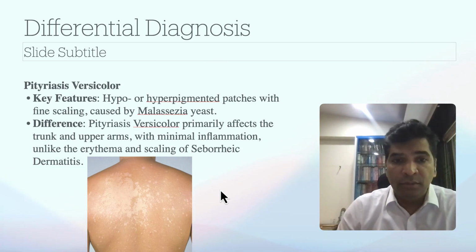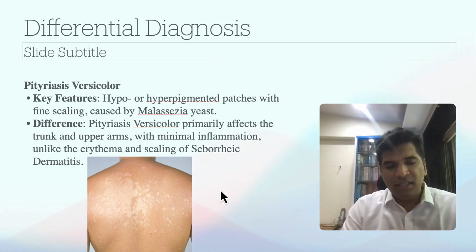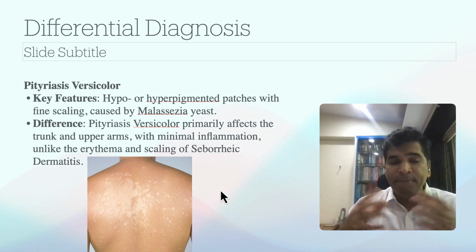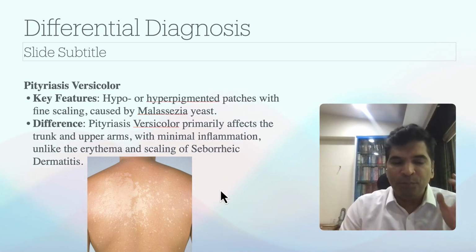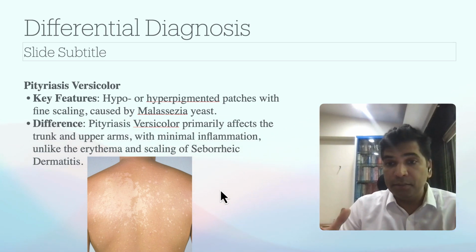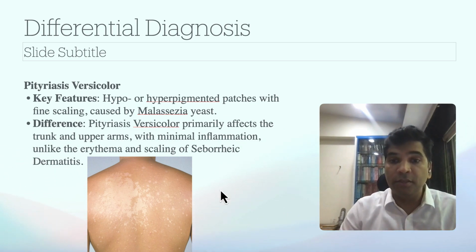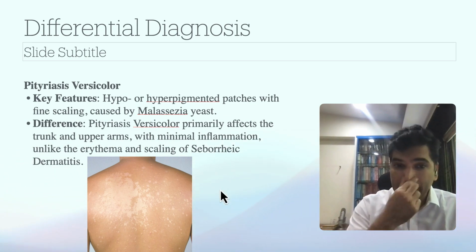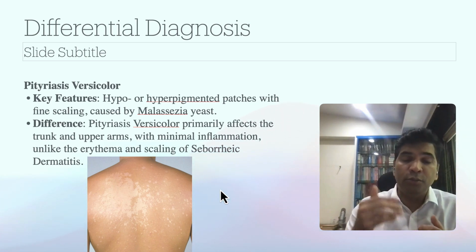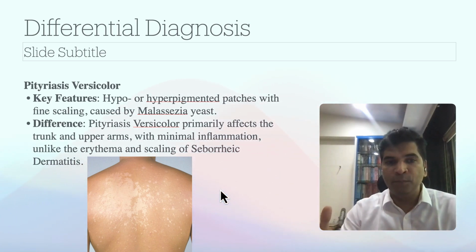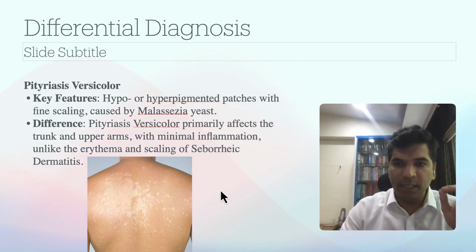Pityriasis versicolor. This condition is easily demarcated from seborrheic dermatitis. When we discuss vitiligo or leukoderma, this is the one, because one or two of my child patients being treated for vitiligo also had superimposed pityriasis versicolor, and the parents get excited or aggravated to see their child having more white patches, when this is self-limiting in most conditions with cleanliness, proper bath and drying the patches properly.